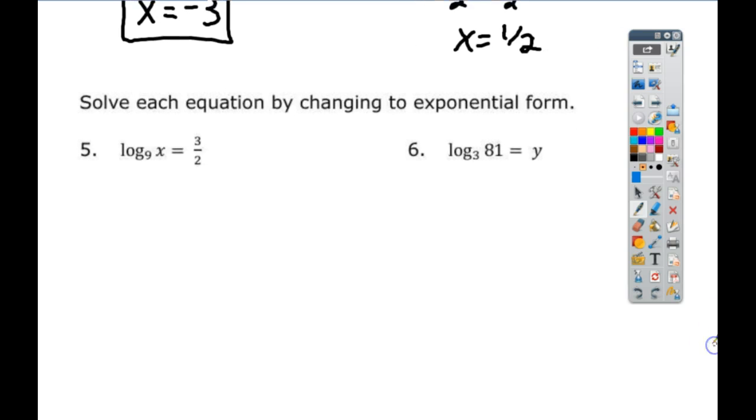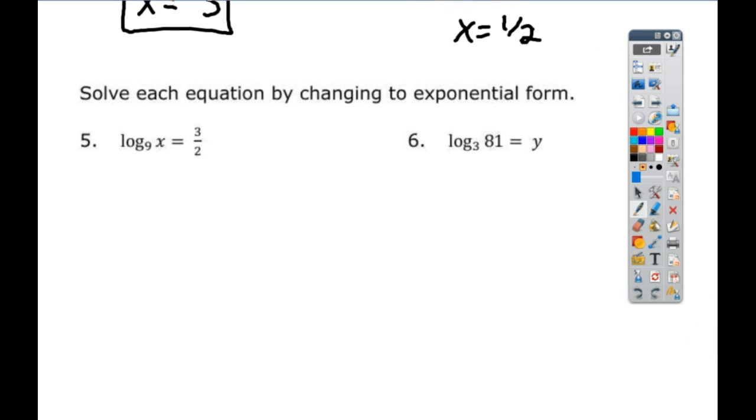So, does this look any different than what we just did? This time it starts with an equal sign. How many logs do I have? If you have one log, you have to solve it by doing the circle. You have to. There's no other way to do it. So I'm going to do 9 to the 3/2 equals x.